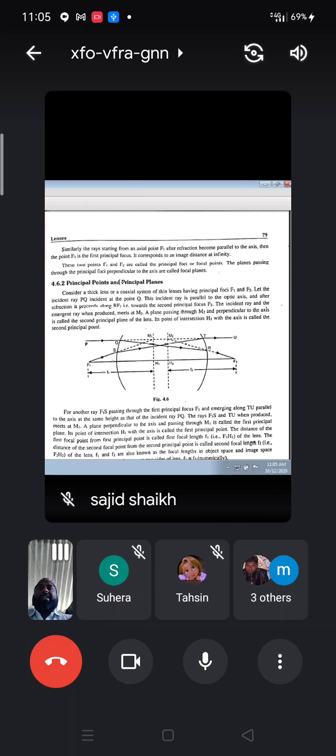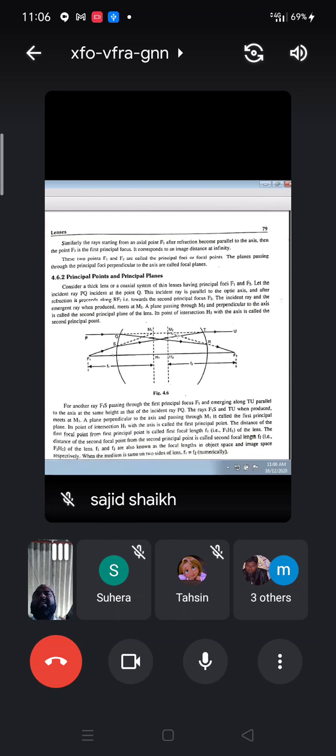The incident ray here is parallel to the optic axis, and after refraction proceeds along RF2, towards the second principal focus. The incident ray and the emergent ray when produced meet at M2. A plane passing through M2 and perpendicular to the axis is called the second principal plane of the lens, and its point of intersection H2 with the axis is called the second principal point. The same case applies for F1, which gives the first principal plane and the first principal point.